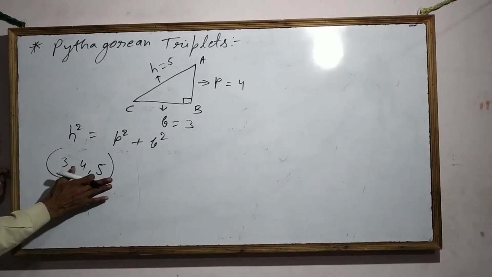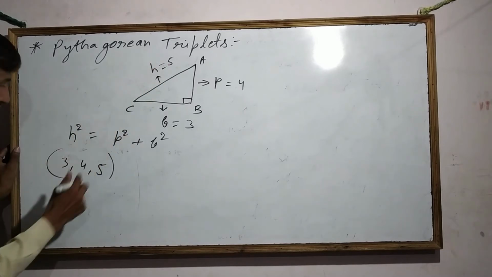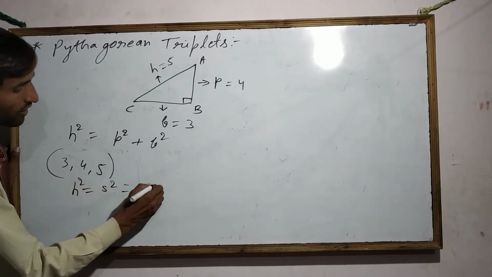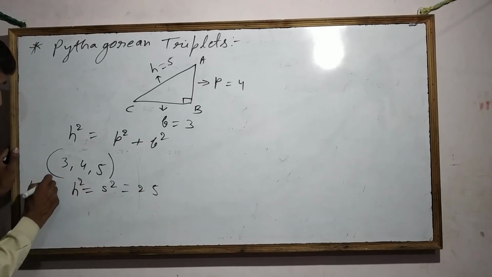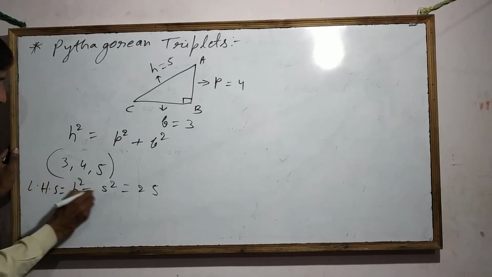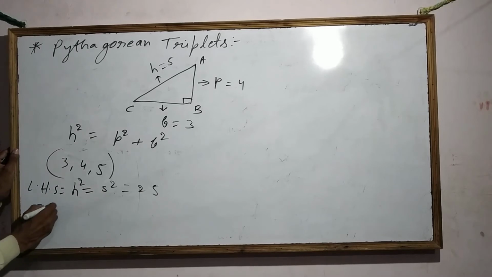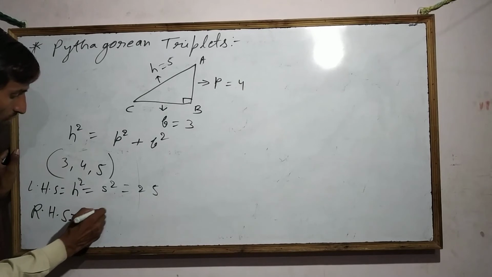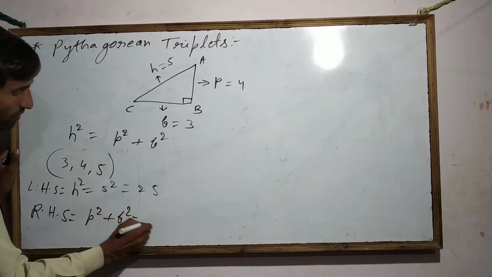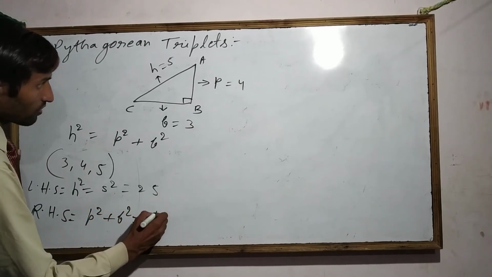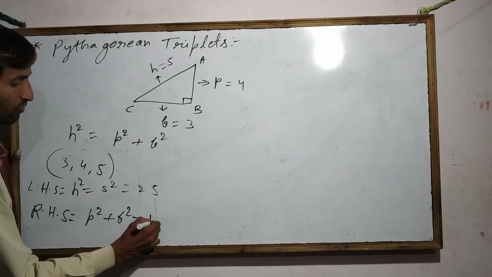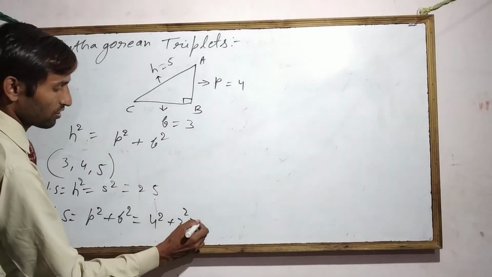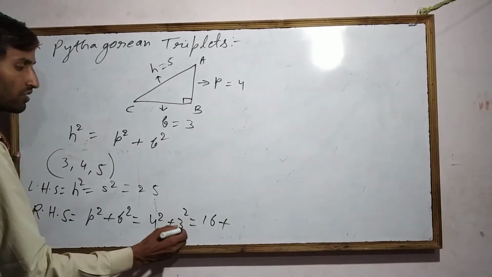Now check whether LHS and RHS are equal or not. In place of h square I write 5 square, which is 25. So the LHS value is 25. Now we have to find the RHS, p square plus b square: 4 square plus 3 square. 4 square is 16, and 3 square is 9.